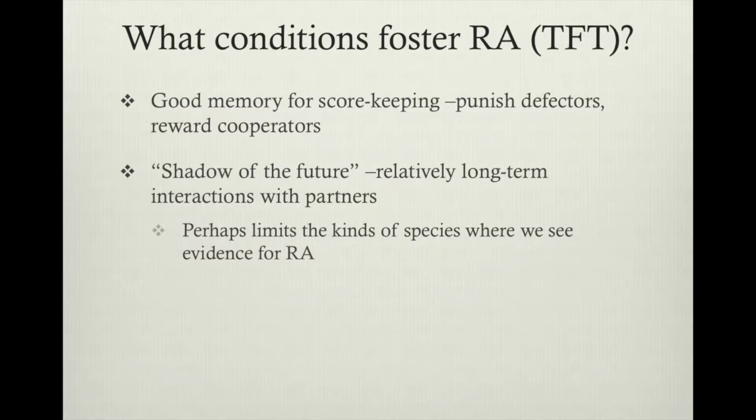So what kinds of conditions favor tit for tat? Well, you've got to have a good memory for scorekeeping. You've got to have the ability to punish defectors and reward cooperators. And so, tit for tat and reciprocal altruism are going to be more likely in species that have higher cognition, particularly species that have what we call a social brain or Machiavellian intelligence. That is, species where the cognition exists such that you can imagine others' mental states.